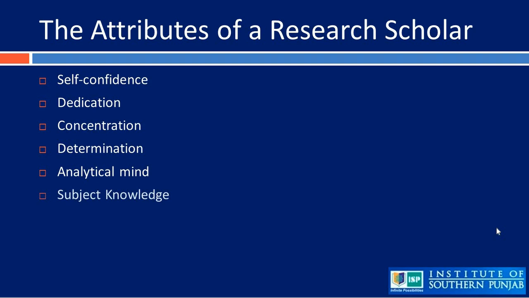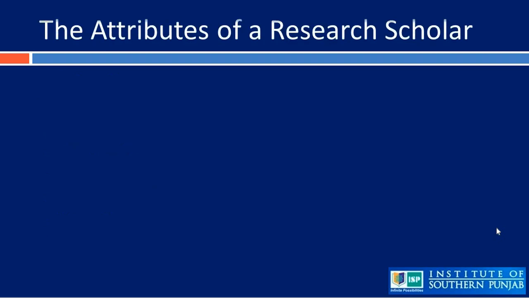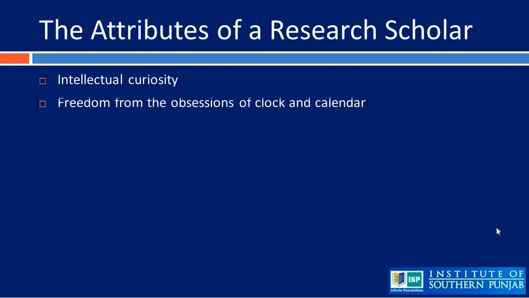The researcher should have subject knowledge, originality, innovative approach, and should know the latest skills and technology. The researcher should have intellectual curiosity. He should have freedom from obsession of clock and calendar.